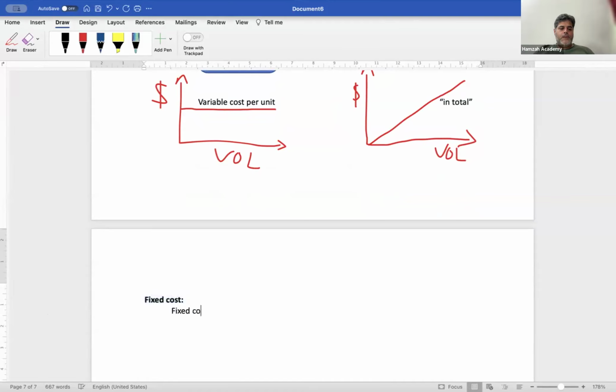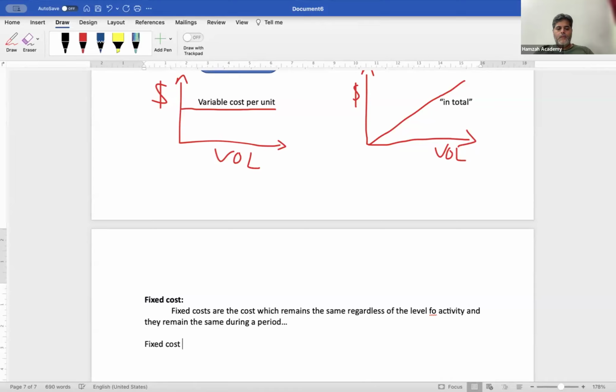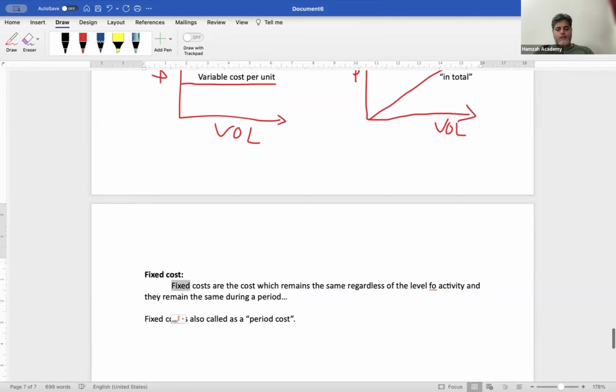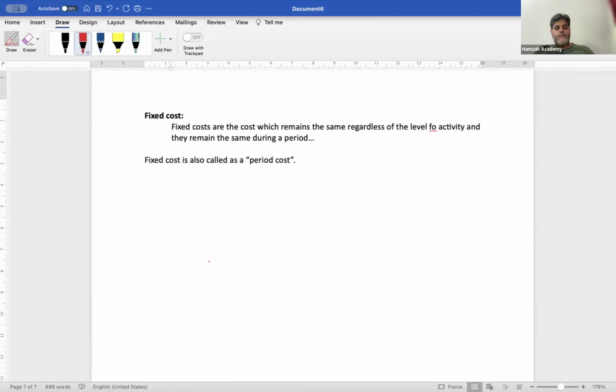Now we have the fixed cost, which is constant regardless of the level of activity, and they remain the same during a period. Fixed cost is also called the period cost over here.